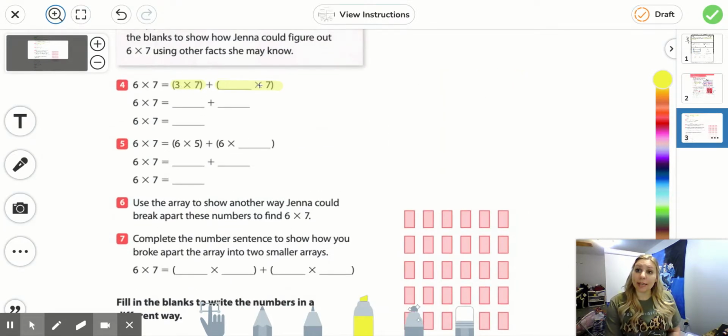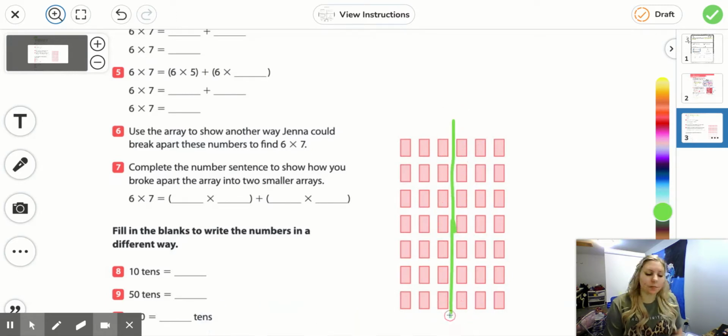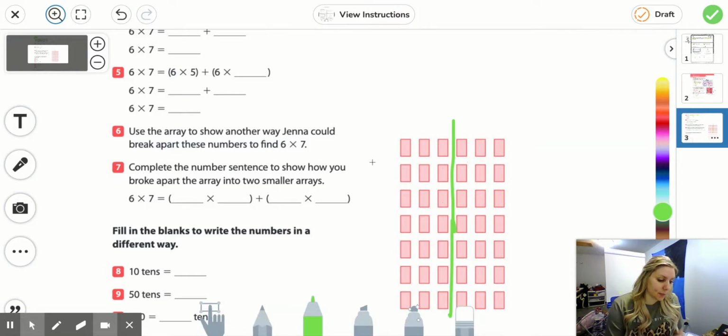So they have 3 times 7. If I were to break this up, they need 7 in 3 groups. There's 1 group, 2 groups, 3 groups of 7. They cut it straight down the middle. So they know that this part here is 3 times 7.